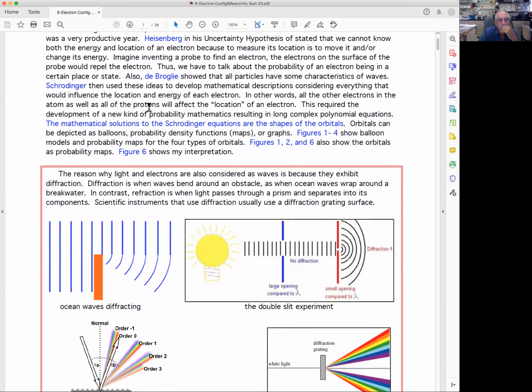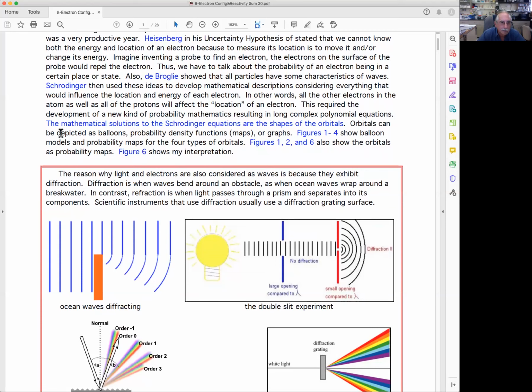I'm going to turn all of this information into some kind of a mathematical model. And the mathematical model was not based upon regular math. It was based upon statistics. It was all probability. So he kind of invented a new form of mathematics to take advantage of the probability. What is the probability that the electron is going to be found here versus found over here?